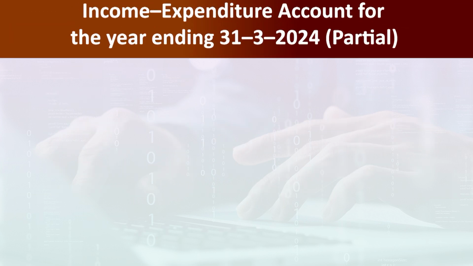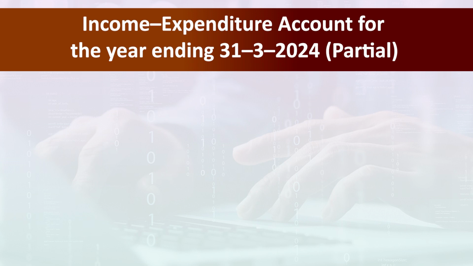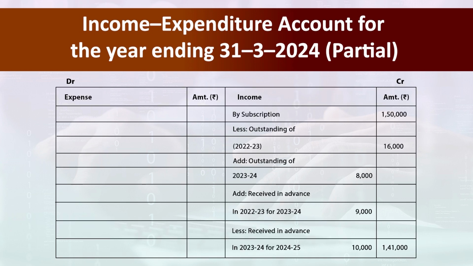The income expenditure account for the year ending 31/3/2024, which is partial, is like this. On the income side, the first entry is by subscription of 1,50,000. From it, we would be deducting the outstanding of 2022-2023 amounting to rupees 16,000.